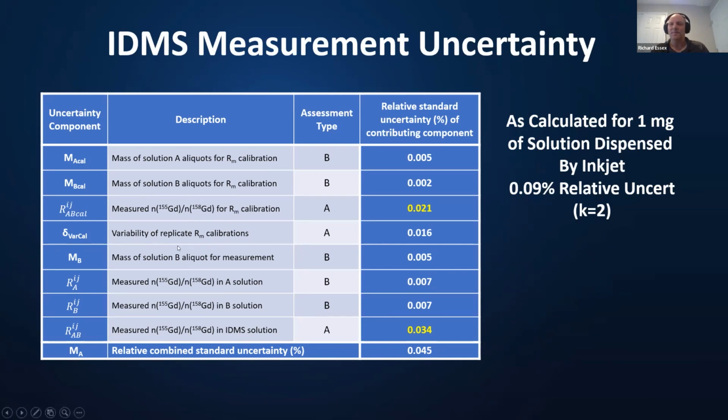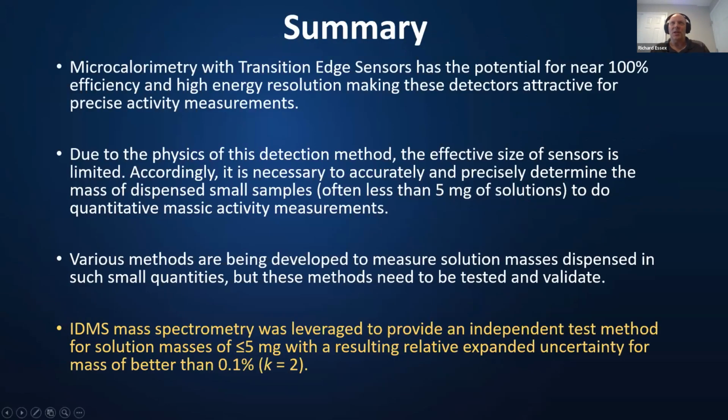So just to summarize, this technique that we're looking to develop at NIST, microcalorimetry with transition edge sensors, is potentially a powerful method with nearly 100% efficiency and excellent energy resolution.